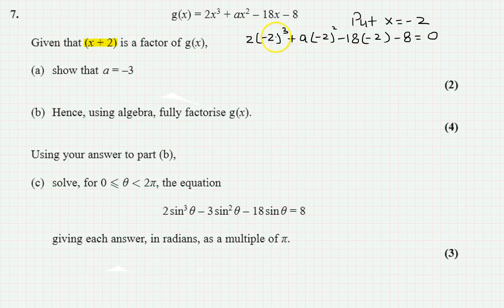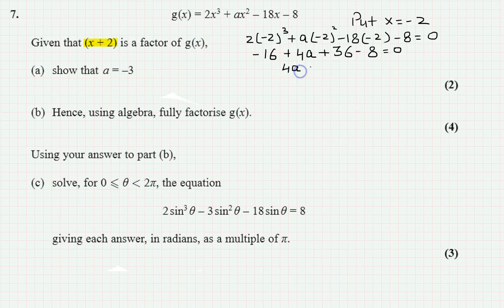So 2 times negative 8 is negative 16, plus 4a, plus 36, minus 8 is equal to 0.